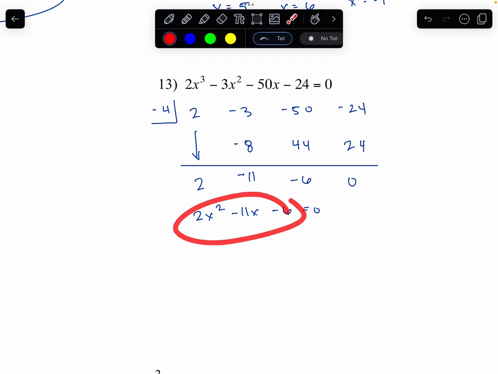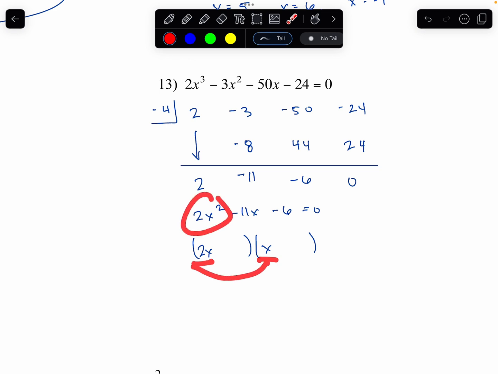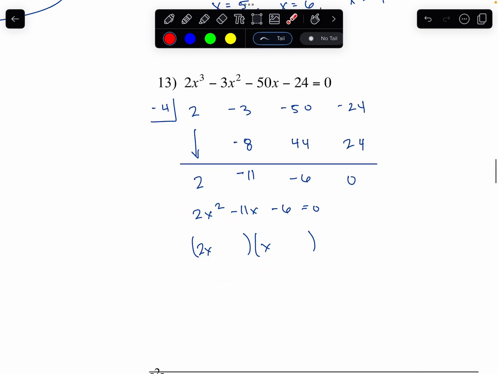Now I need to factor this. It's a trinomial, so we're going to have two factors. Now this has to start with 2x instead of x, and this has to be x because those multiply to give me 2x squared. These numbers here multiply to be -6, but they also need to add to be -11. So what are two numbers that multiply to be -6? Oh wait, no, not add to be -11.